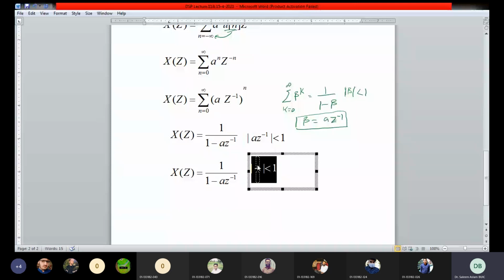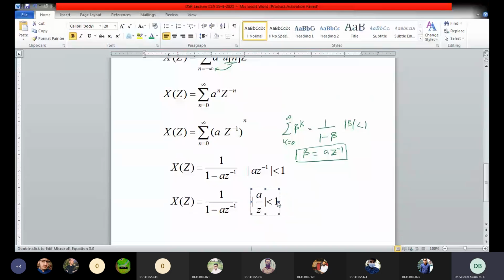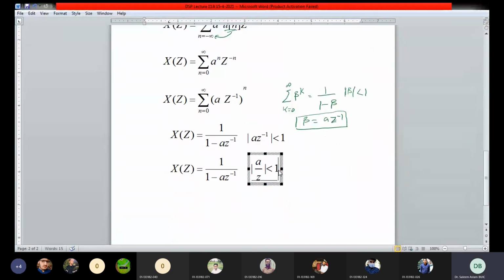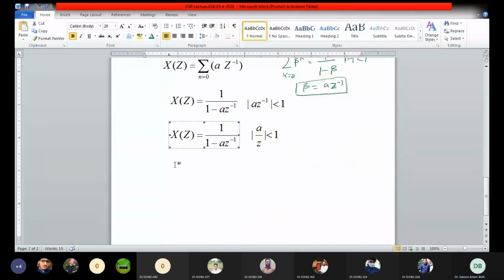This is a by z. And this is perhaps equal to, okay, let me do it in the next step. The expression is the same. We can write this condition as magnitude of z greater than a.